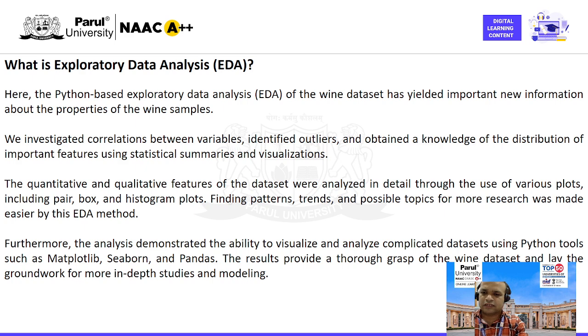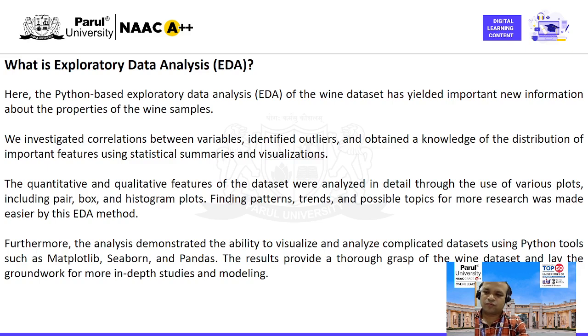The quantitative and qualitative features of the dataset were analyzed in detail through various plots, including pair plots, box plots, and histogram plots. Finding patterns, trends, and possible topics for more research was made easier by EDA methods.